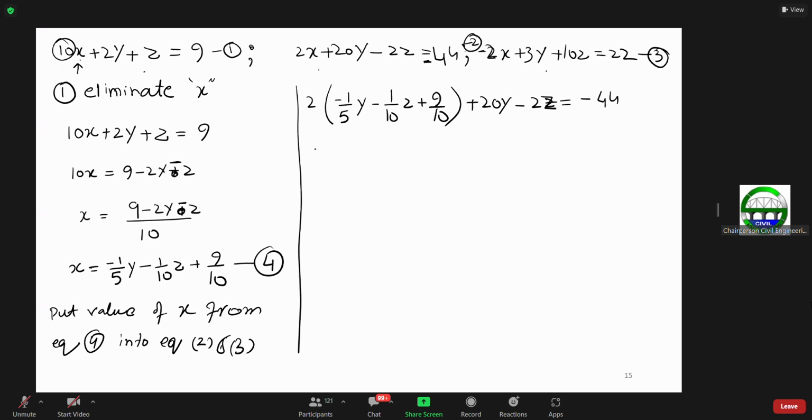It will be equal to minus 2 by 5 y minus 1 by 5 z plus 9 by 5 plus 20y minus 2z is equal to minus 44. Try to simplify it, take the LCM, and then you will see that your final answer will be 98y minus 11z is equal to minus 229.